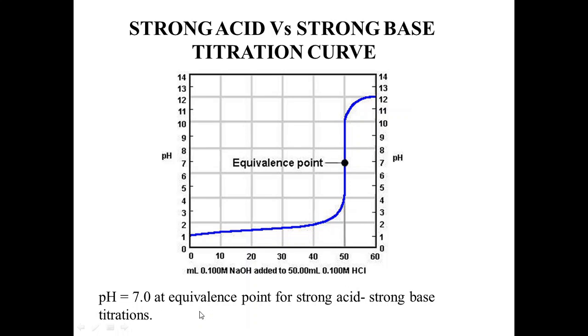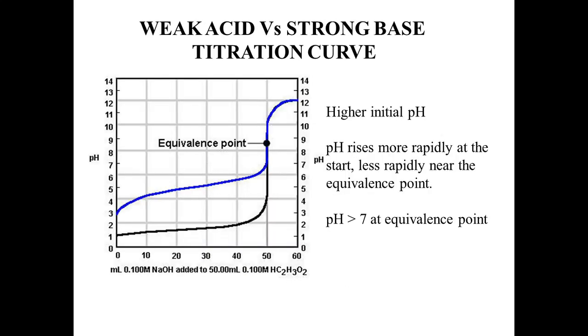Now you may ask the question, how does the titration curve look for a weak acid versus strong base titration? So here you go. This is the titration curve. I have overlapped the titration curve for a strong acid, strong base with a weak acid, strong base one.